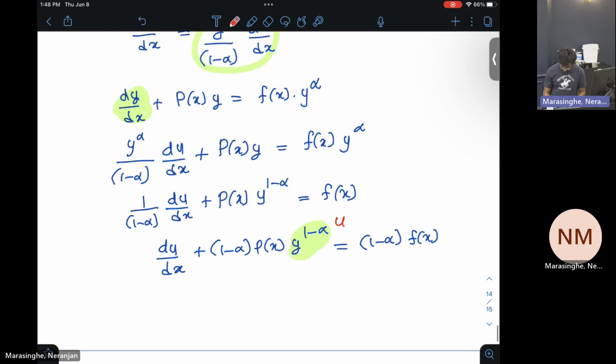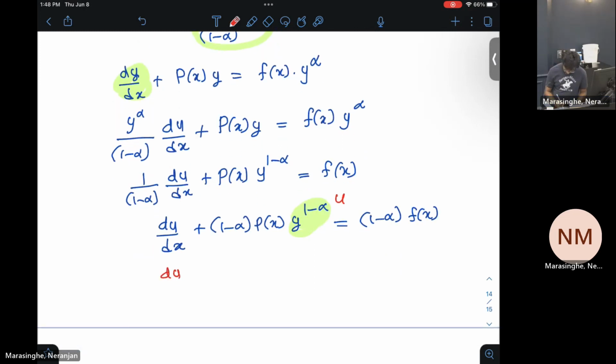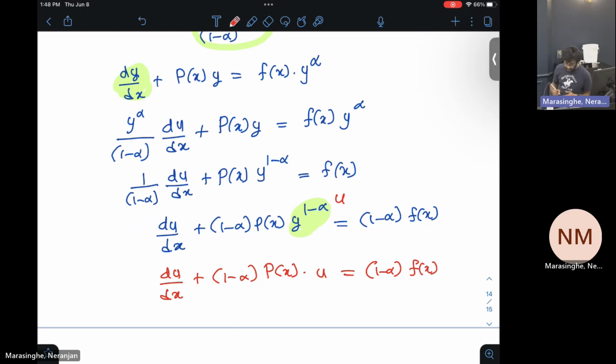So what would I get? du/dx plus (1 minus alpha) p(x) times u is equal to (1 minus alpha) f(x). Now this is a linear ODE, because u is my dependent variable. I cannot see any nonlinear functions applied on u. So this is a linear ODE, so I can solve that.